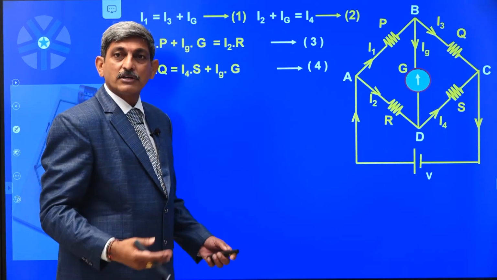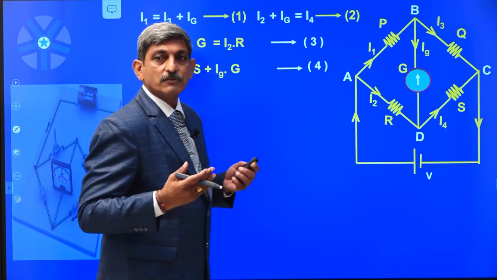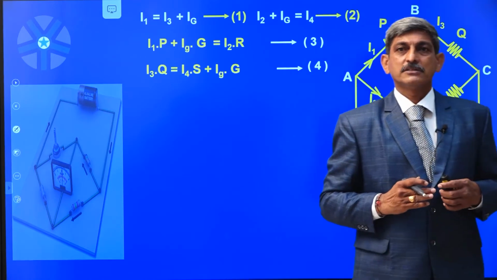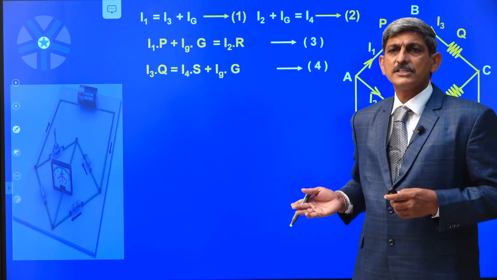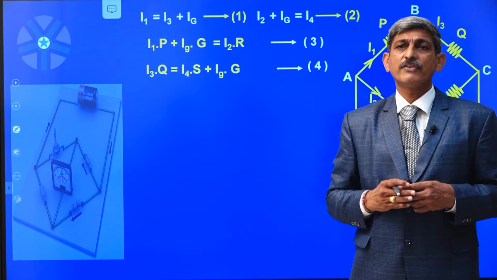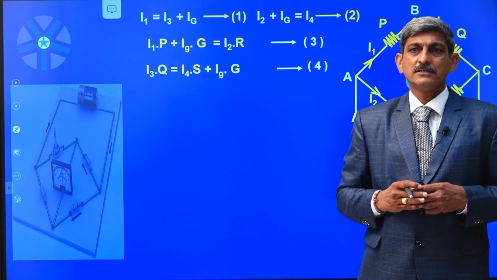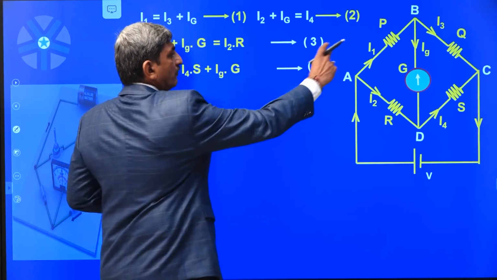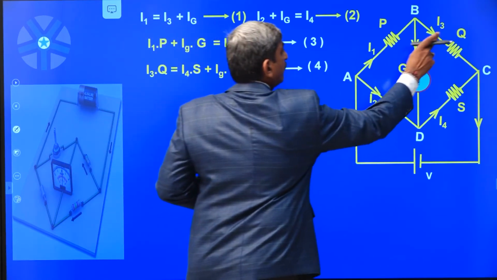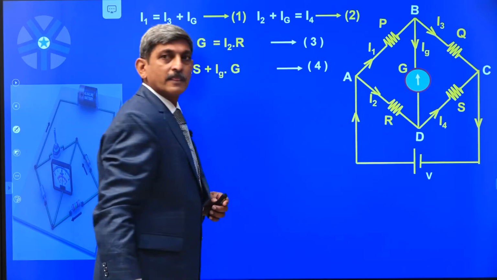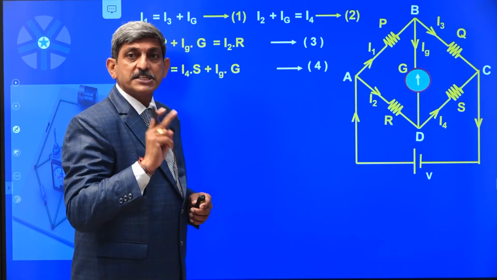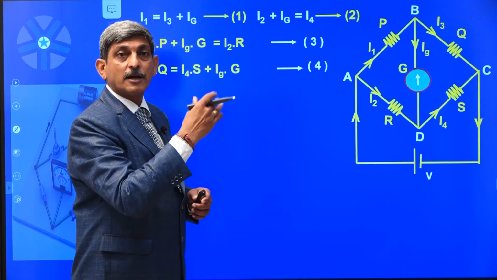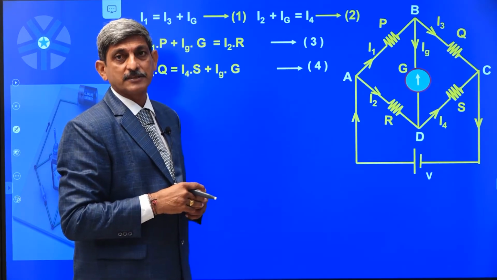So up to this, what we have done, we just applied the Kirchhoff's voltage law and Kirchhoff's current law for the Wheatstone bridge network. What is the use of this application of the Kirchhoff laws? If we observe the network, there are 4 resistor values. Depending upon the 4 resistor values, currents are passing through the circuit and potential drops are developed across the resistors.